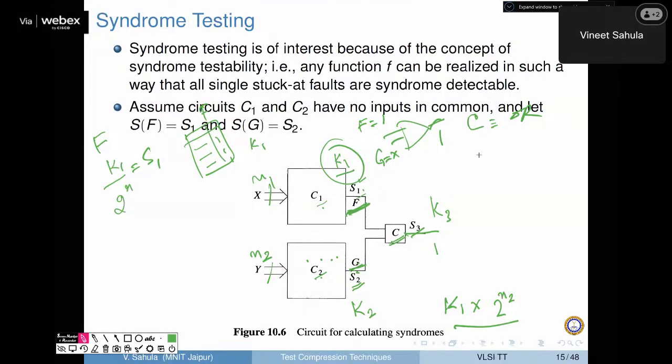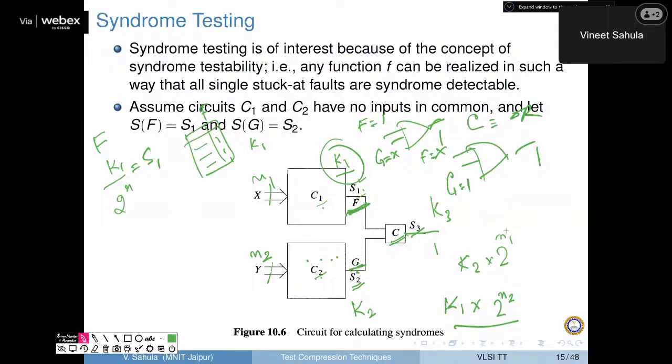First time. Second time, if my g is 1, whatever way, my f can be any value. Still the output will be 1. That value is g is 1 K2 times, and f is don't care, 2 to the power n1. Right?